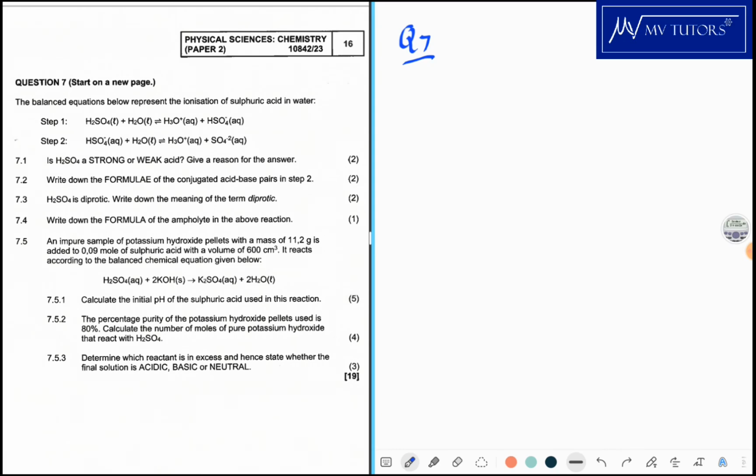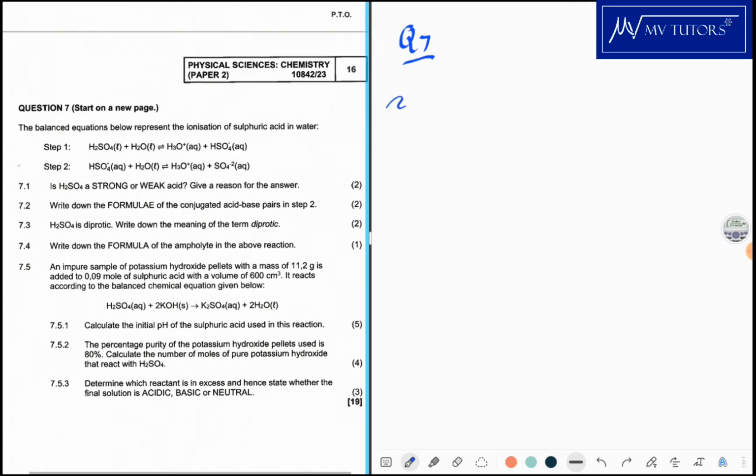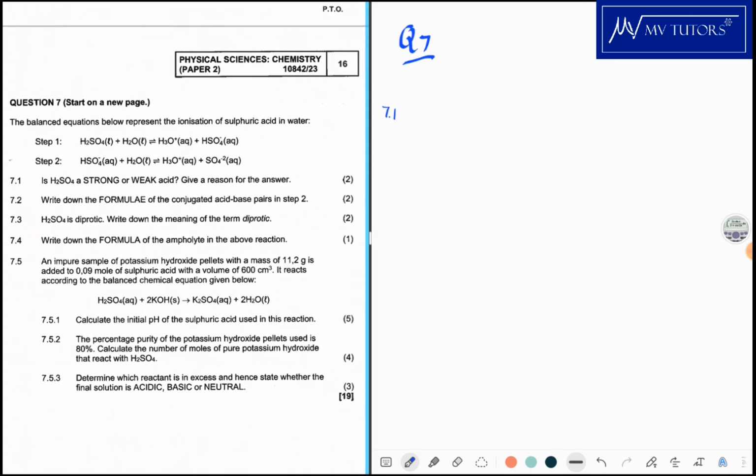So 7.1 asks, is sulfuric acid a strong or weak acid? We've already established that it is a strong acid. And why is that? It's a strong acid because it ionizes completely.